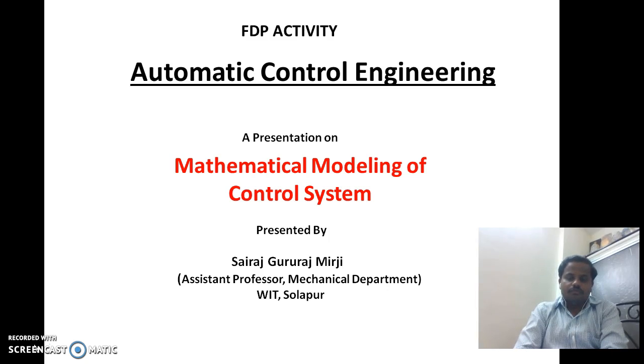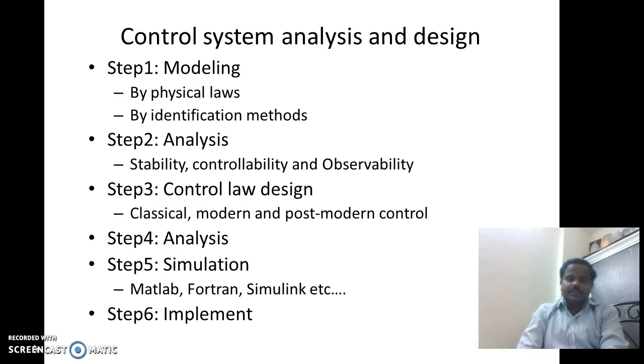Moving ahead, there are some steps which have to be carried out in control system analysis and design. The first step is modeling, using physical laws and identification methods. Step 2, analysis: stability, controllability and observability.